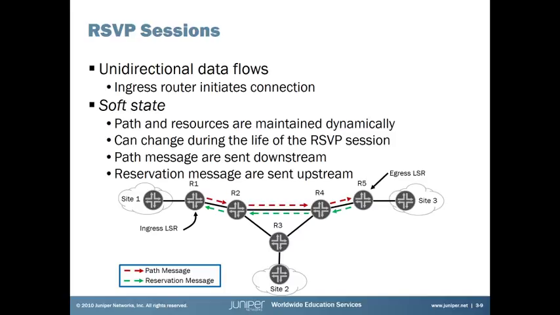RSVP uses what's called a soft state, which means that these resources are reserved, but you need to periodically refresh the reservations that you made to keep them active. If you don't refresh them, they'll drop out and the path will then be terminated. So it has this mechanism built into it where it periodically refreshes the path that it's set up.